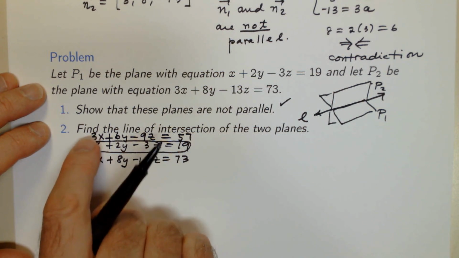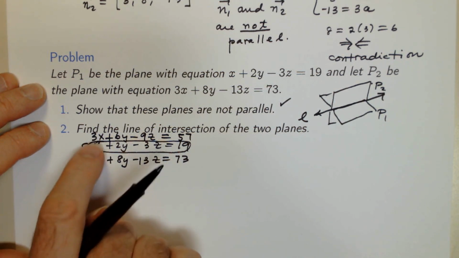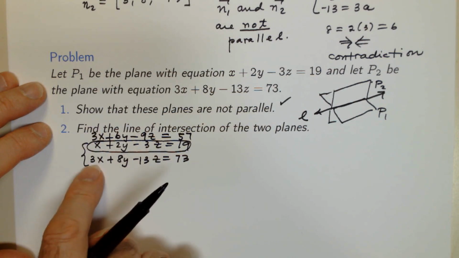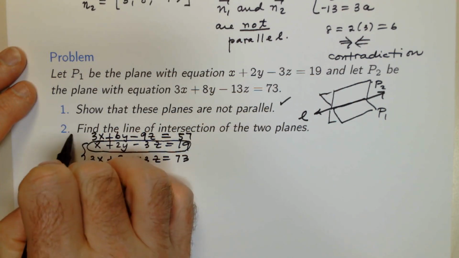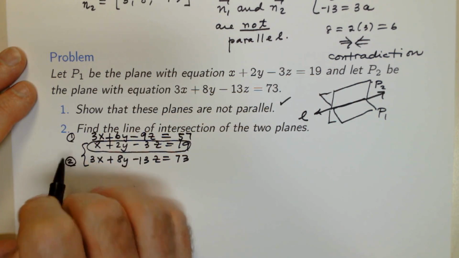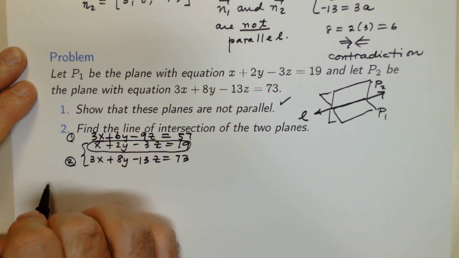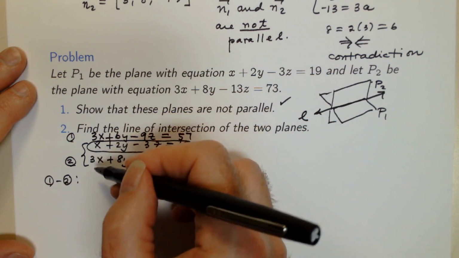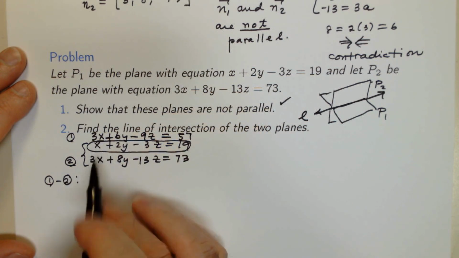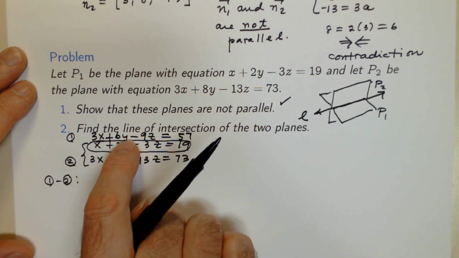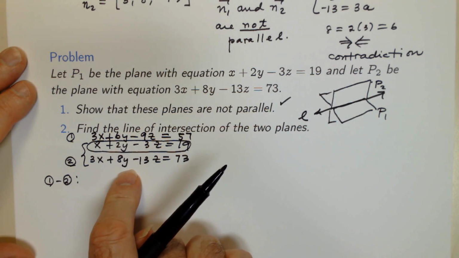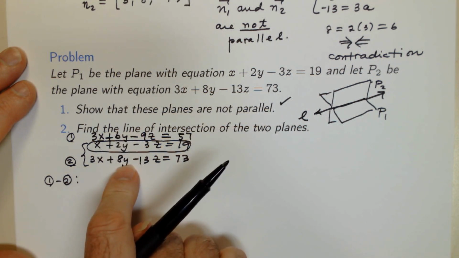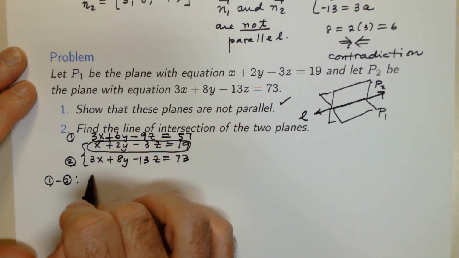Now, if we look at these two equations, let's label them 1 and 2. I'm going to take equation 1 minus equation 2. On the left-hand side, the 3 x's will cancel, so there'll be no x. I'll have 6y minus 8y, so that's minus 2y.